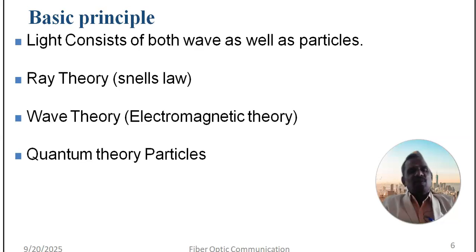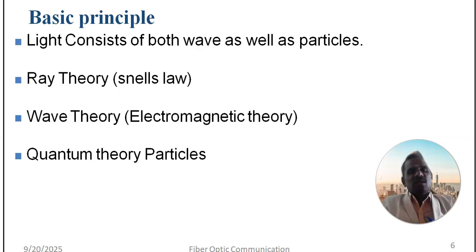Here we will be dealing with ray theory, that is, how Snell's law works. If you want to find how light behaves as a wave, for that you need a basic knowledge of electromagnetic theory. If you want to see light as a particle, you need a strong knowledge of quantum theory.